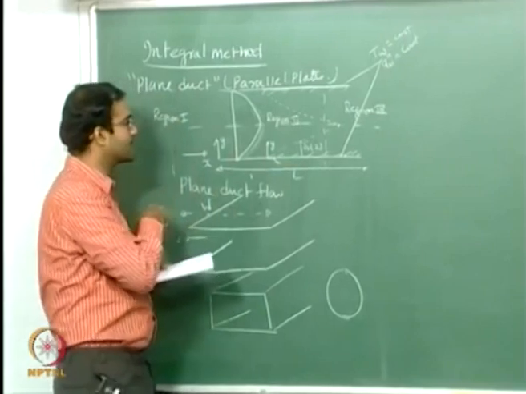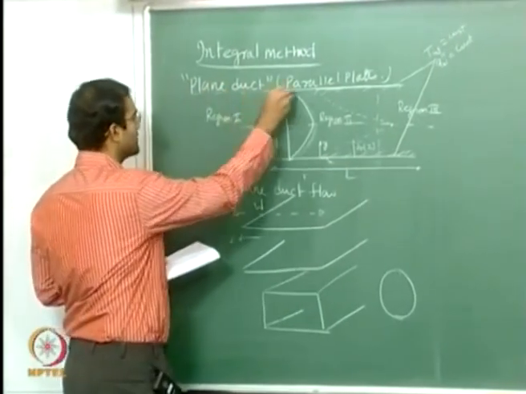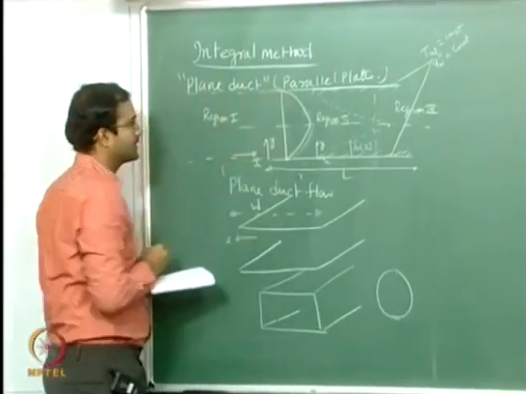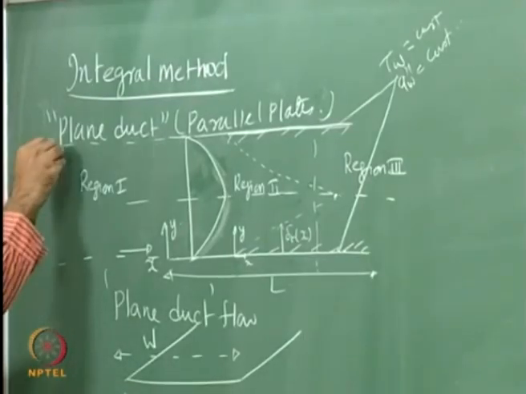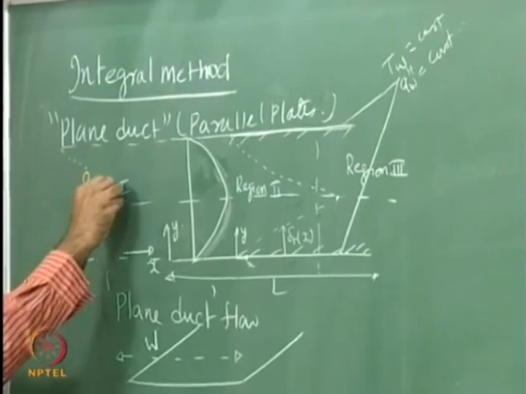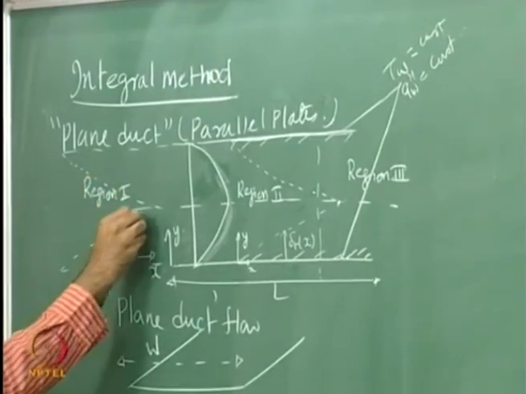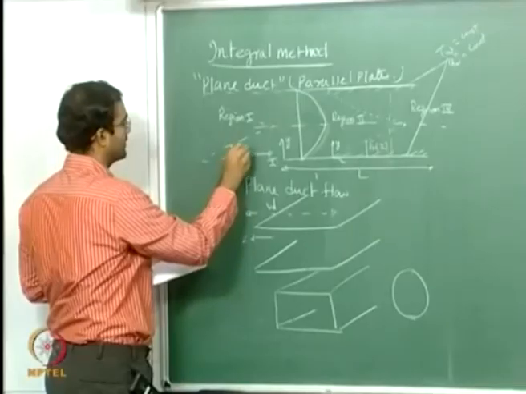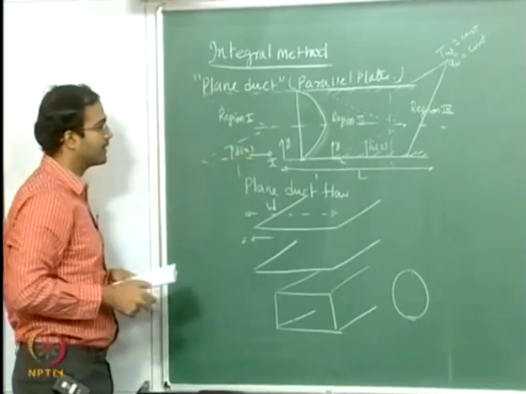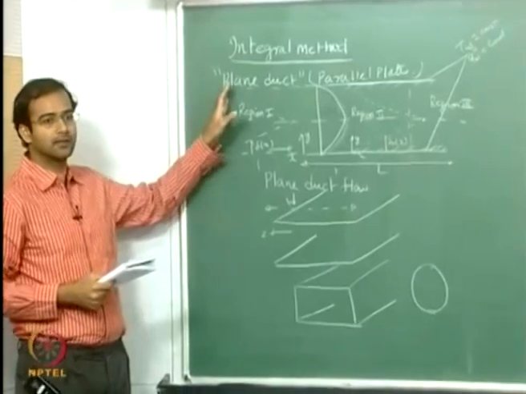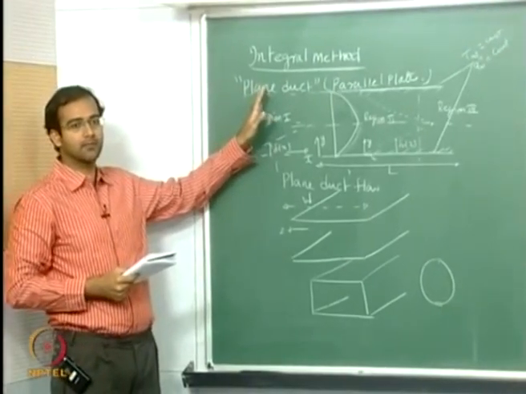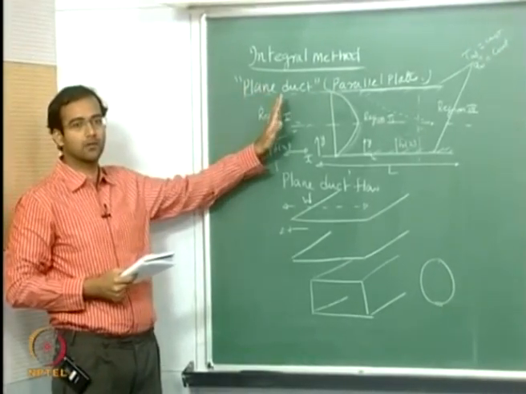Same way if you look at region 1, if you go several distances ahead, you can find the momentum boundary layer also starts developing here, and once again you can apply the momentum integral equations for the place where the momentum boundary layer is growing.